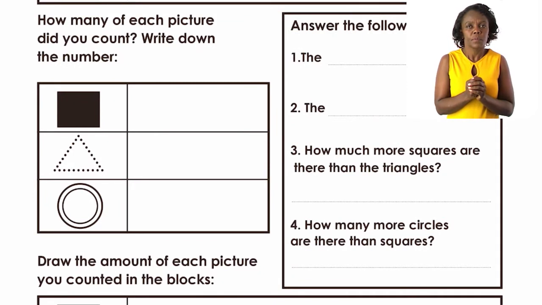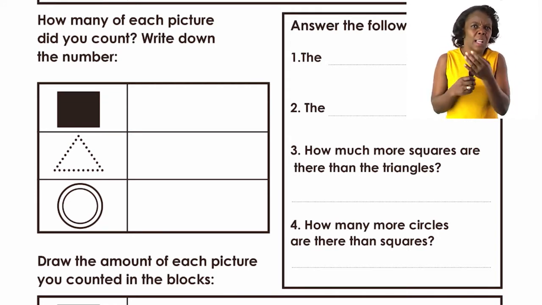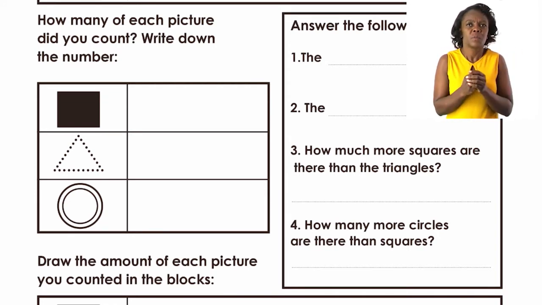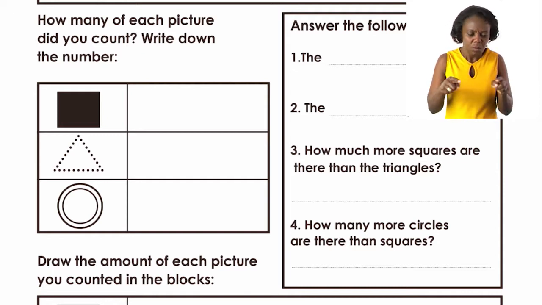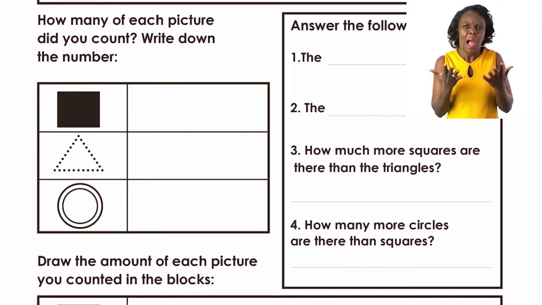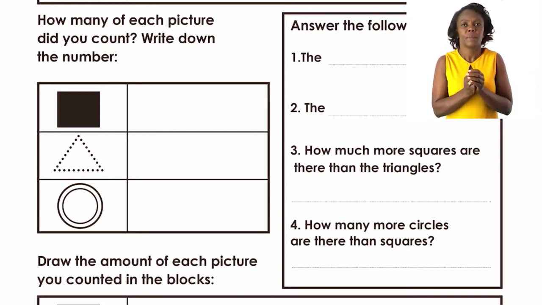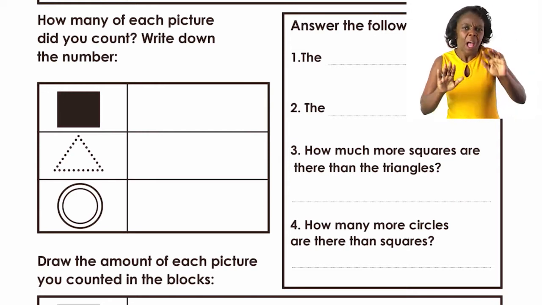All right. So you are going to be checking in the table there. You check in the table and you count those 3 different shapes that we are given. How many squares did you count? You write your number on the right side of your table. How many triangles did you count? You count the number of triangles there in the block on top. You write the number. How many circles did you count?